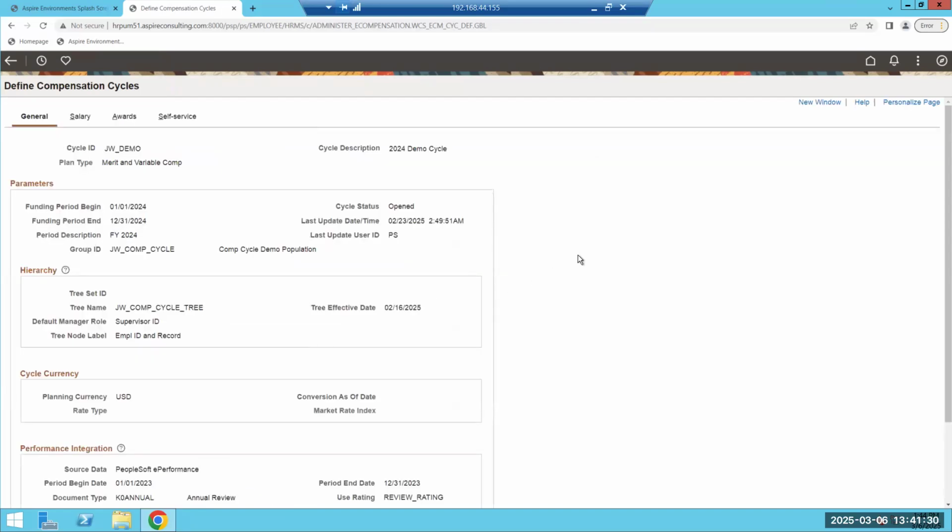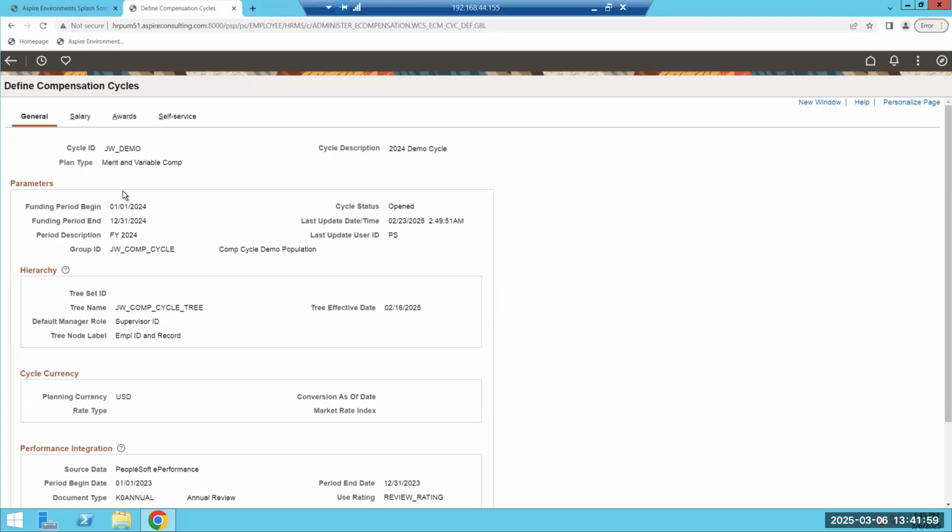So here is our compensation cycle. Basically, we have our cycle ID, we have a description of the cycle, and plan type. Plan type says, is this cycle going to use merit and variable comp, or just merit, or just variable comp?